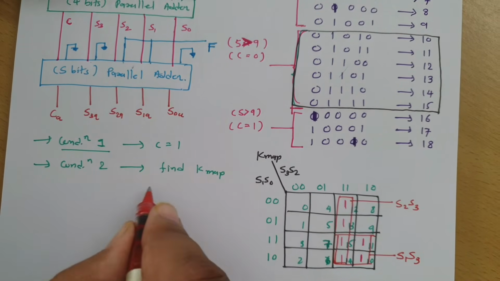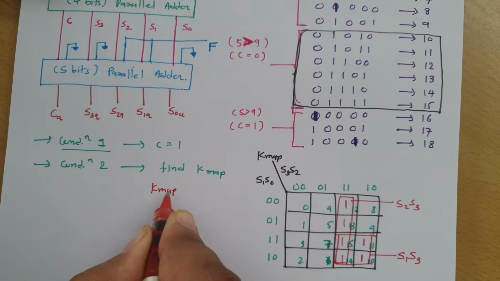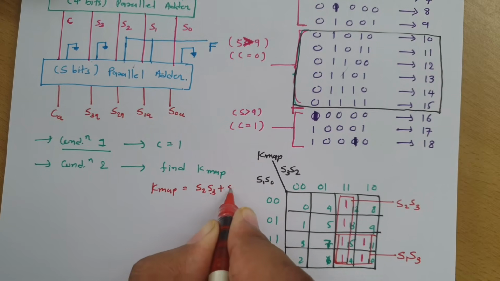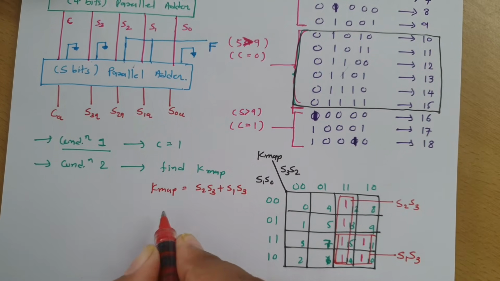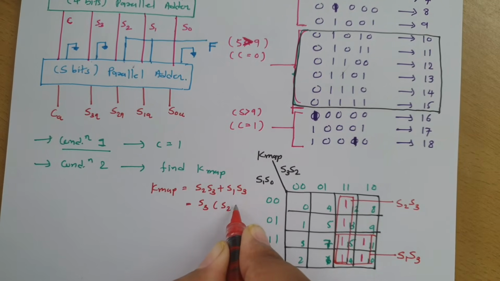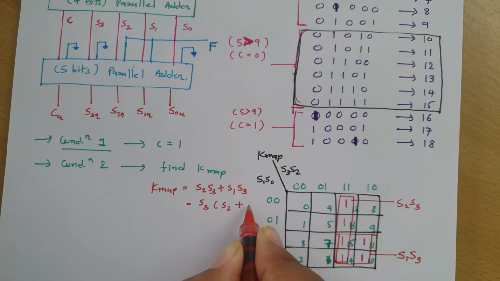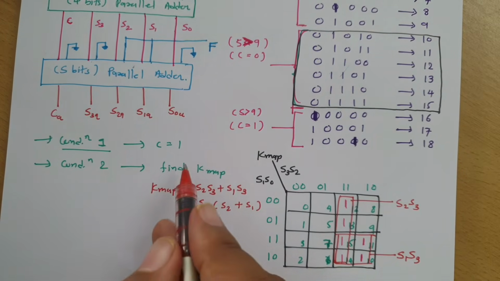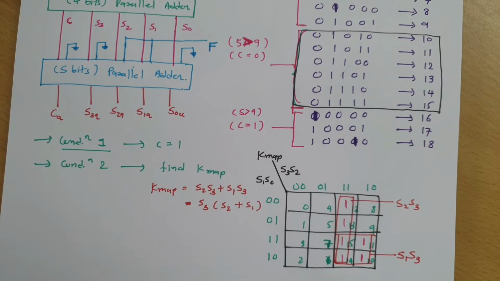So we can say K map equals S2 S3 plus S1 S3. If you take S3 common, this will be S3 times S2 plus S1, right? And this C should be equal to 1.